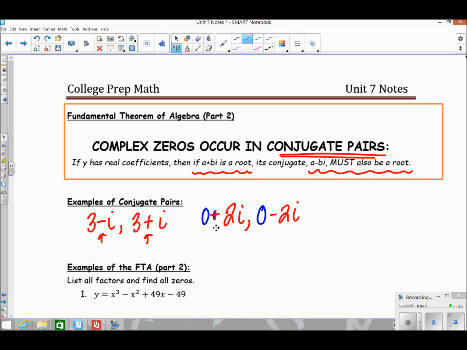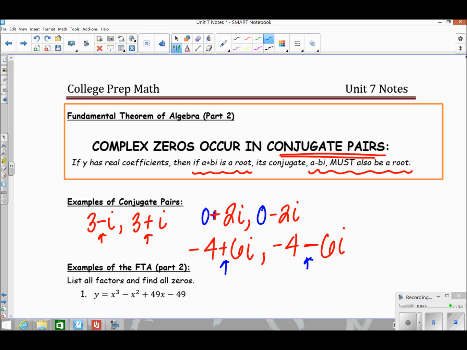And then another example here would be like negative 4 plus 6i. If I want to write the conjugate of that, I keep the negative 4 and I just change the middle sign. So just keep in mind, whenever it's conjugates, it's just the middle number that's changing. So the negatives in front are going to stay negatives.